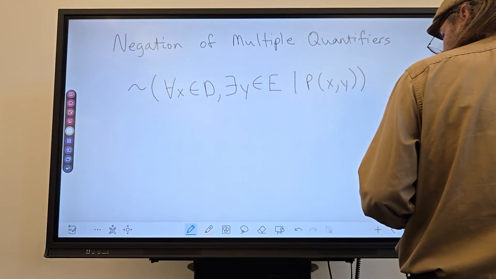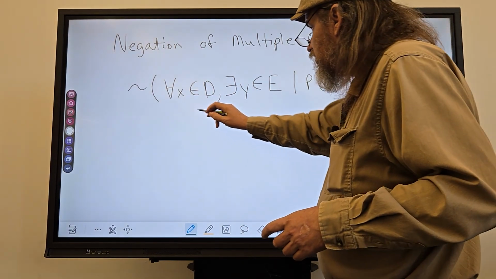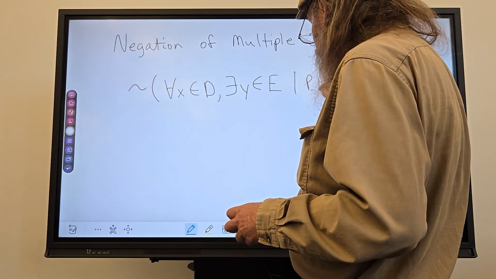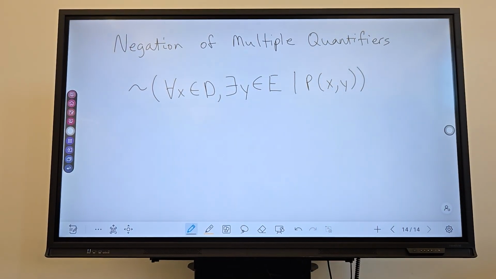Okay. For all elements of D, there exists a y in E where P of x, y is true.